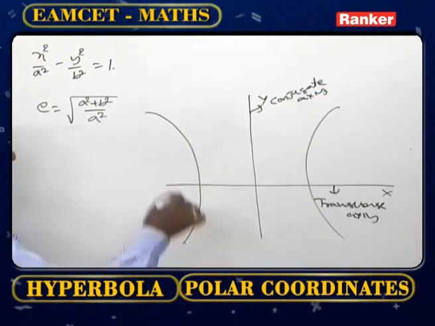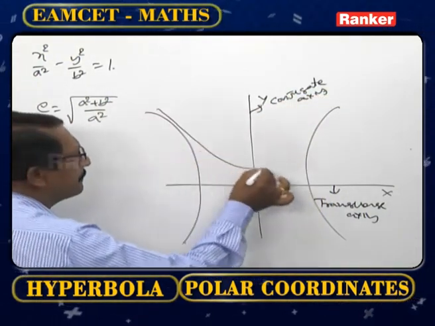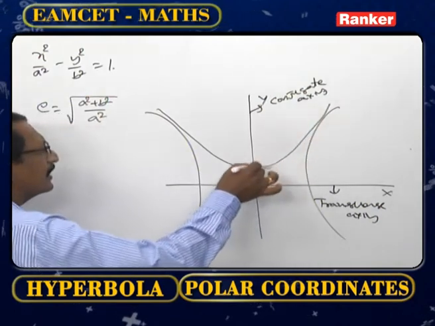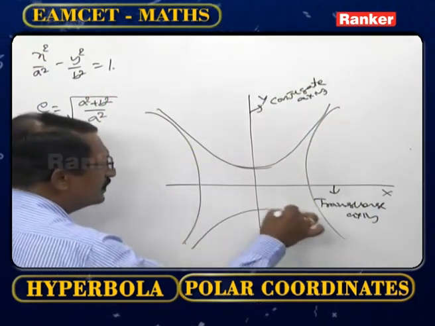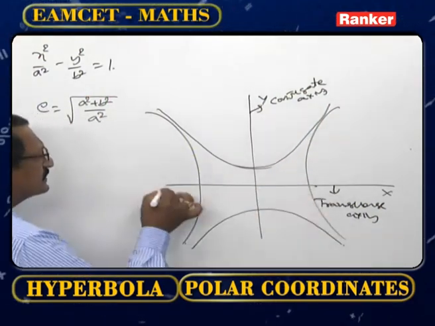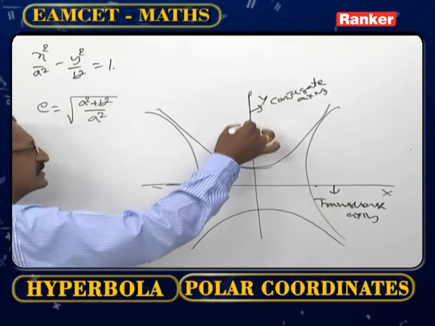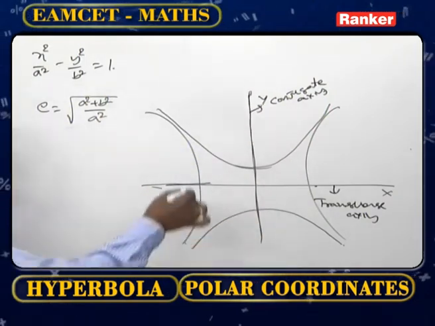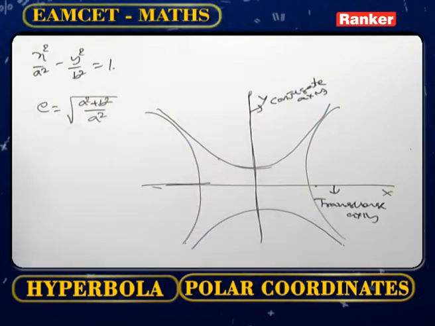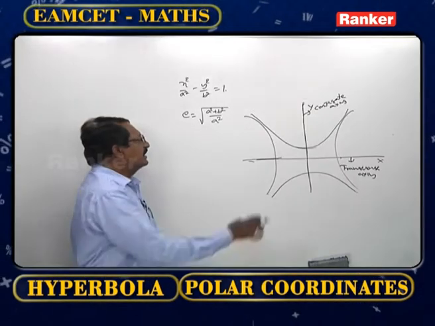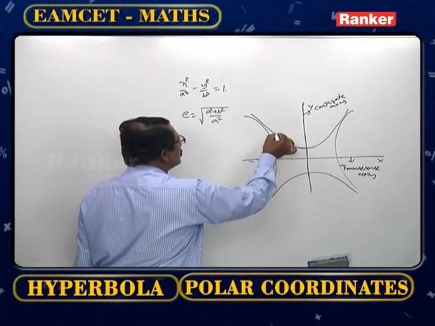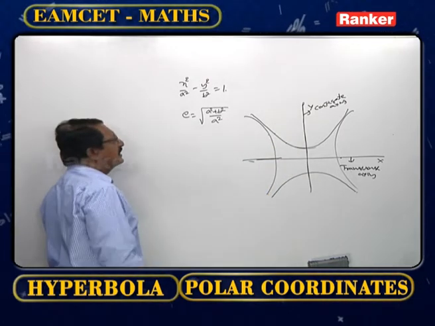Suppose for another hyperbola the x axis is the conjugate axis and the y axis is the transverse axis, then this hyperbola is called the conjugate hyperbola of the given hyperbola. These two hyperbolas are called conjugate hyperbolas.